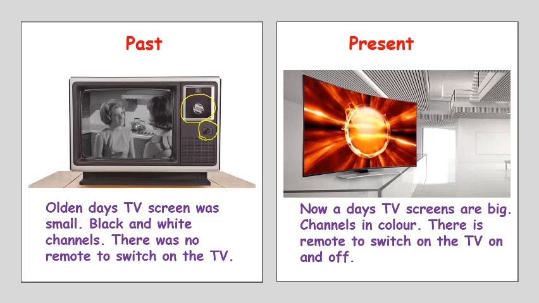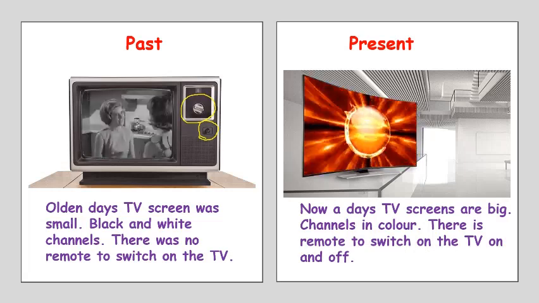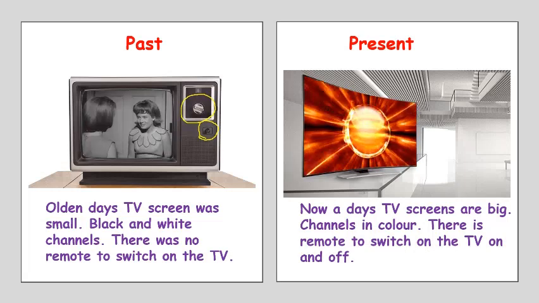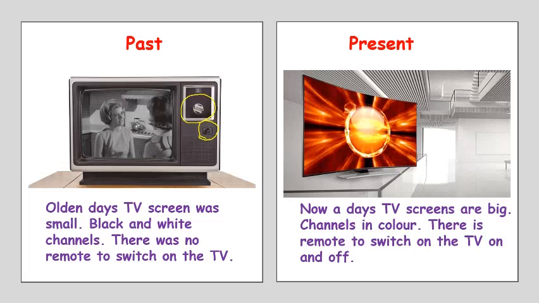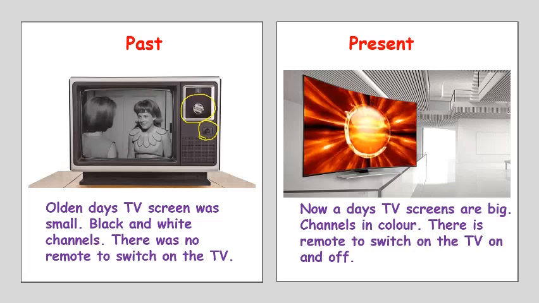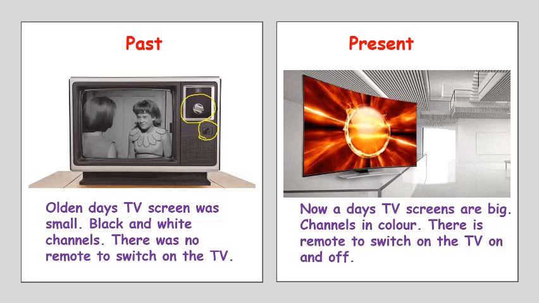And also, before in past days, the TVs were like a box, but nowadays we can see slim TVs. They are so slim because of the technology change. Let's see what we are going to talk next.